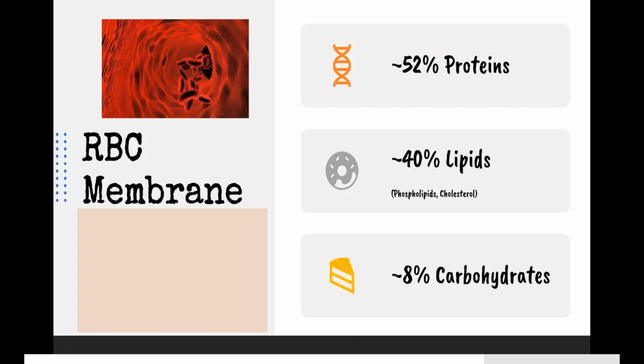It renders the cell membrane flexible and also deformable. When the cell has a balanced amount of cholesterol, its RBC membrane is fluid, therefore it is not rigid. Likewise, the lipids in the RBC membrane provide tensile strength to the RBC.